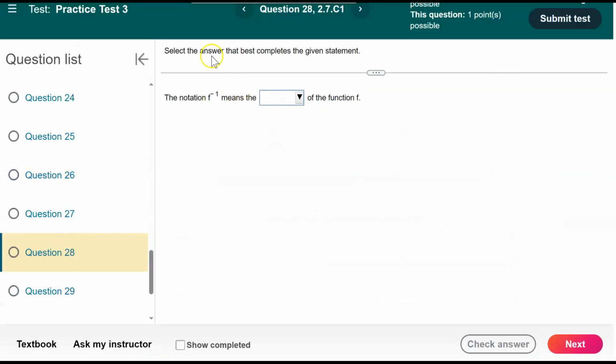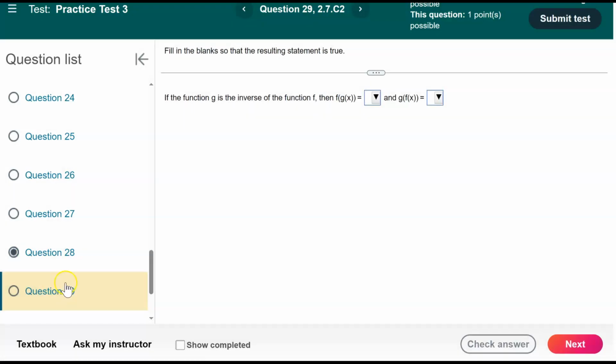Number 28, select the answer that best completes the given statement. This notation, f of negative 1, means the inverse of a function. Next, let's fill in the blank so that the resulting statement is true.